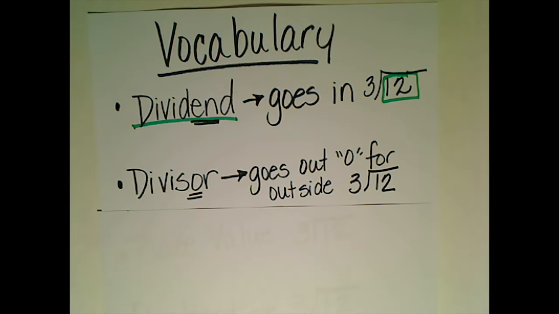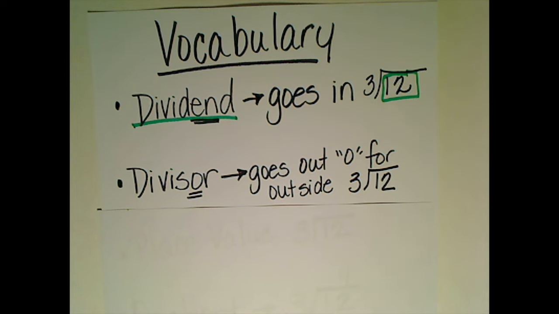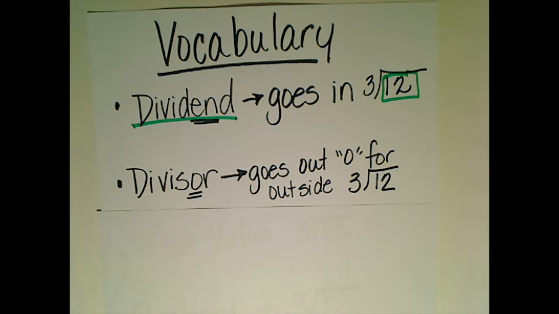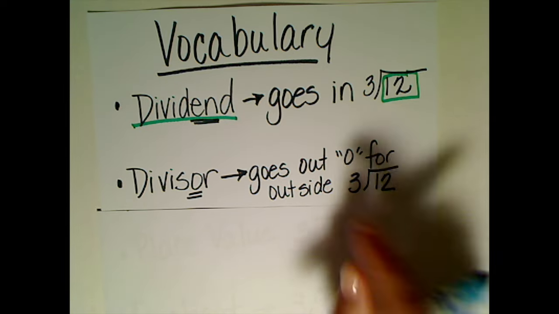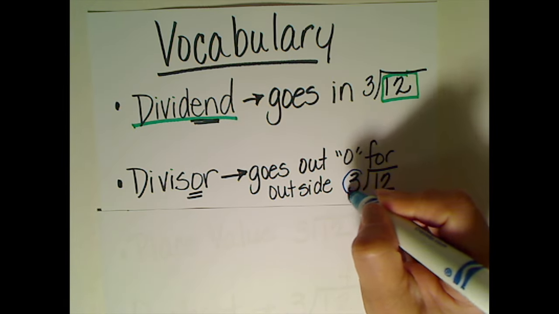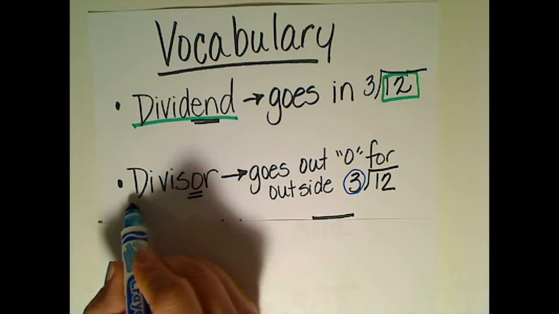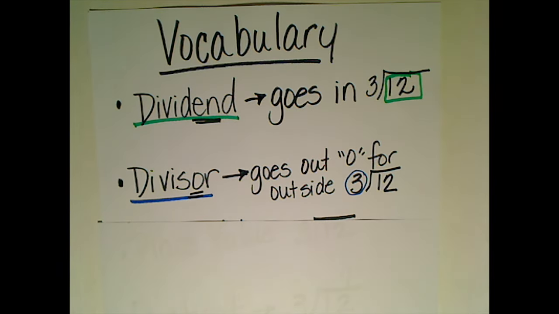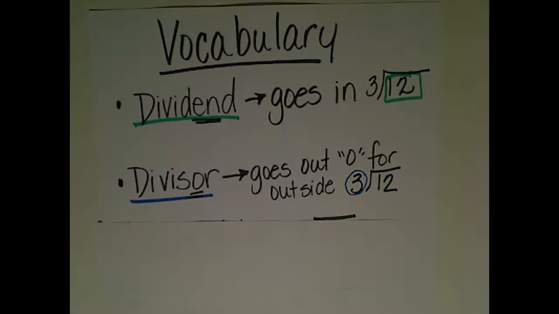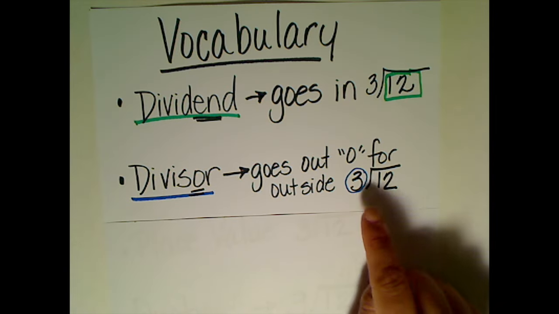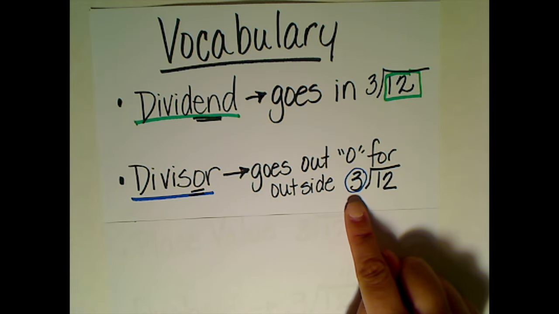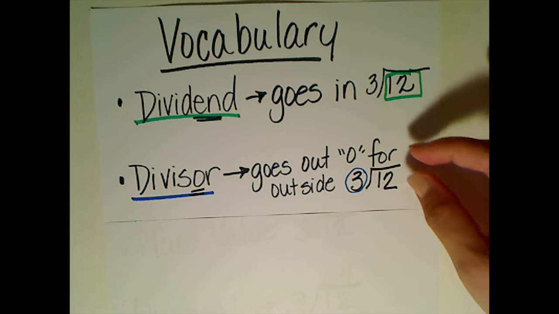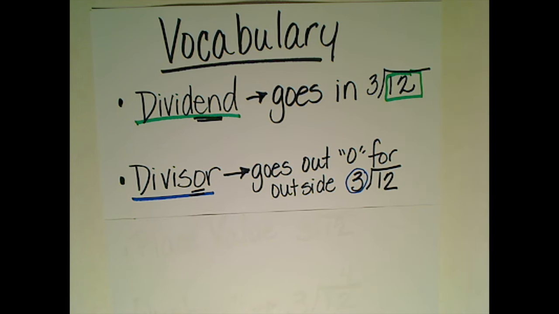Your divisor has an O in it. It goes outside the house. O is for out. So 3 in this case is your divisor. 3 is being divided into 12. Or another way of saying this is 3 groups of what value can go into 12.